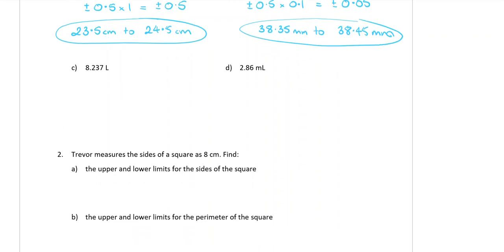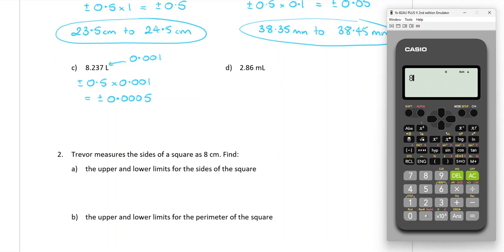Question C. This number, 8.237, has been rounded to the third decimal place, which is 0.001. So our limit of accuracy is plus or minus 0.5 times the 0.001, which makes plus or minus 0.0005. And again, finding those numbers, you type in 8.237 and then you minus 0.0005.